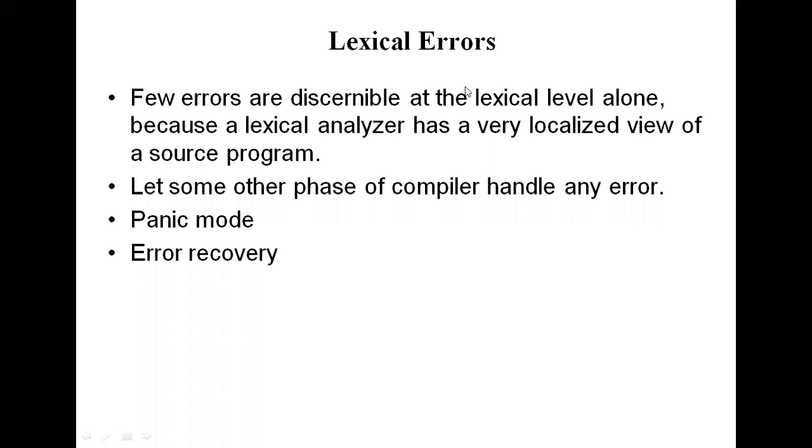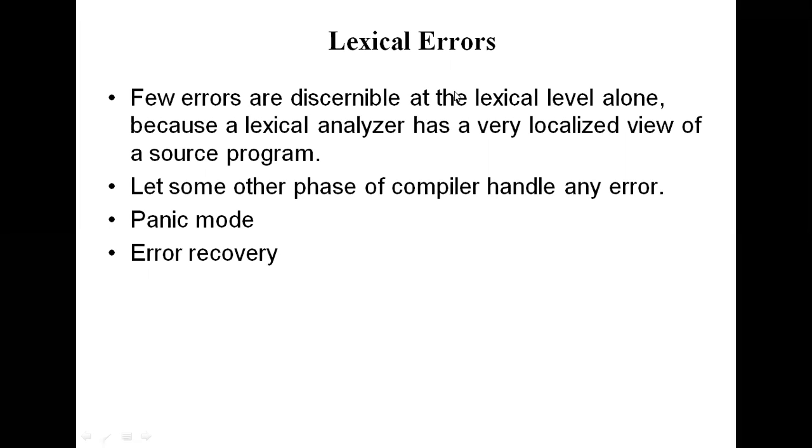That means spelling errors, and exceeding the length of identifiers or numeric constants. These are all inbuilt lexical phase errors that we can easily understand while converting from characters to tokens. Appearance of illegal characters can also be an error.